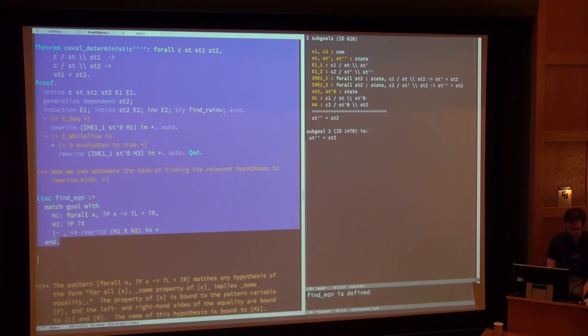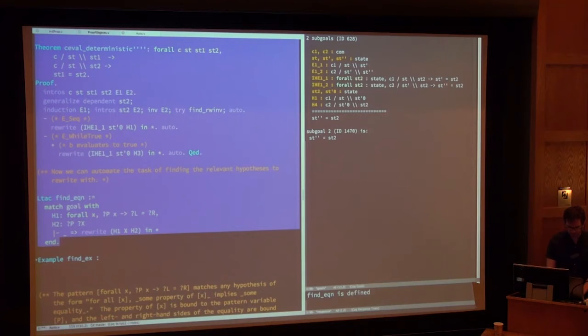So as an example, I'm doing this on the fly, so let's see. What's a good one?